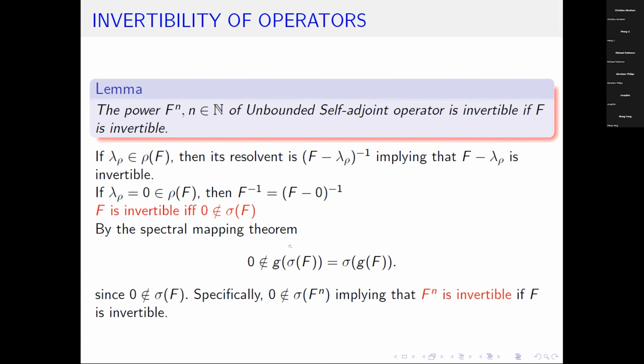And that simply implies what? Since our g(F) is now our F power n, 0 will not be in the spectrum of F power n, and therefore F^n is invertible, provided that F is invertible. Therefore, our condition is that we want our unbounded operator to be invertible, so that its powers will also be invertible.